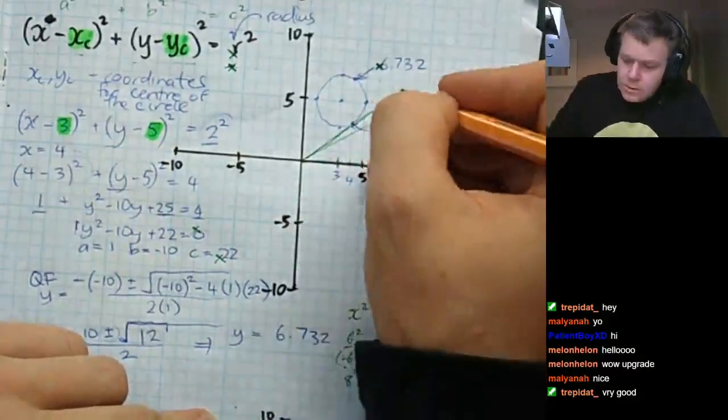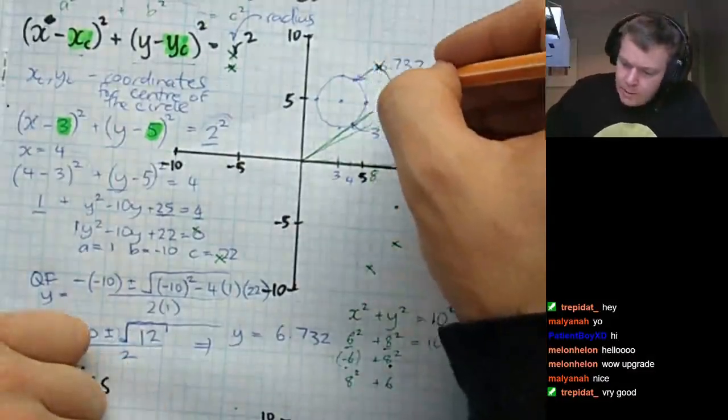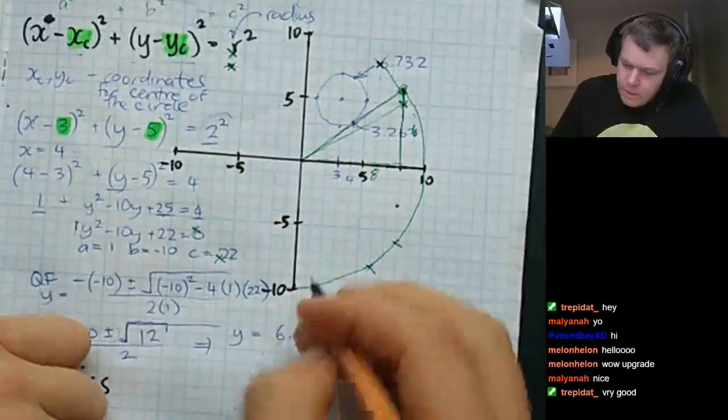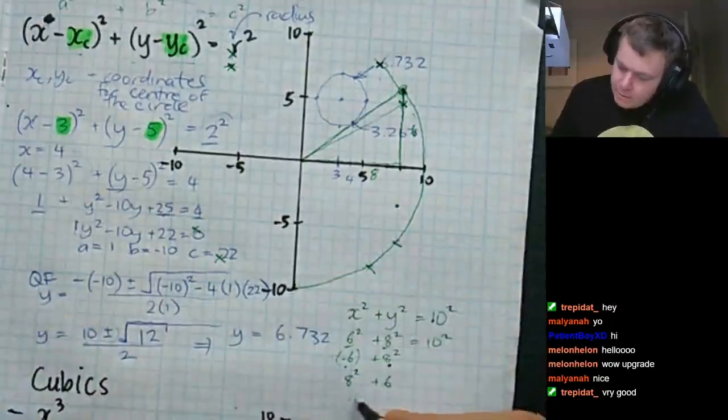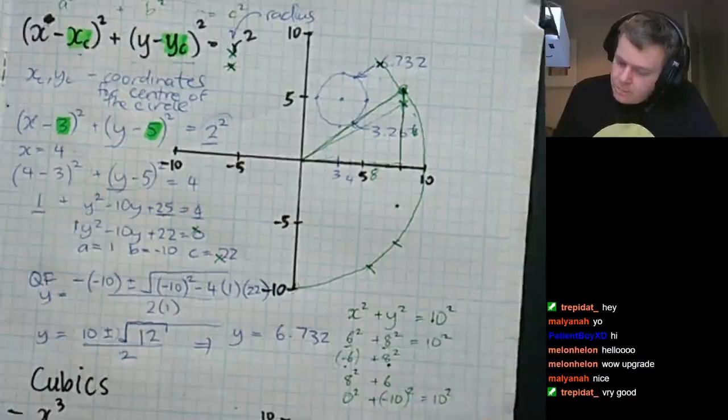So we get all these points around the circle. If we connect them all up, we get a big circle. If you think about here, that's when x is 0, y is negative 10, that point down there, equals 10 squared.